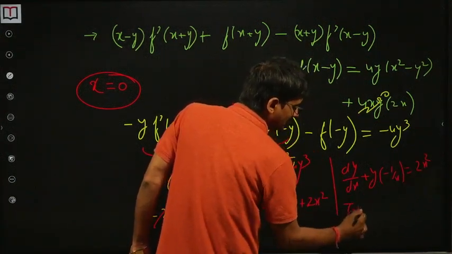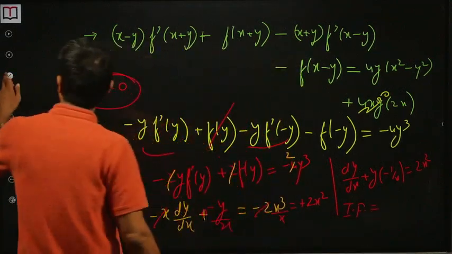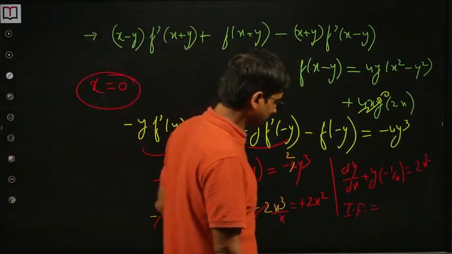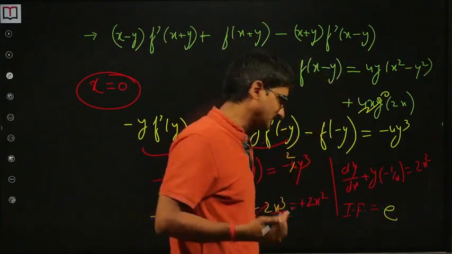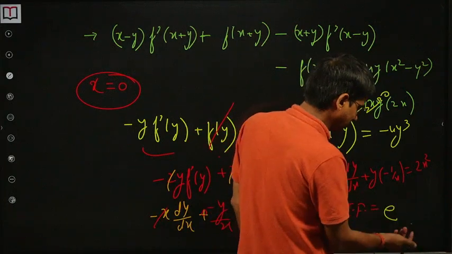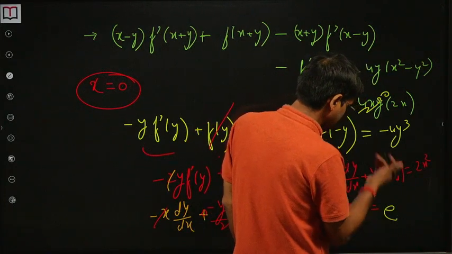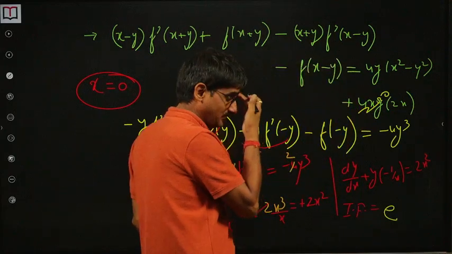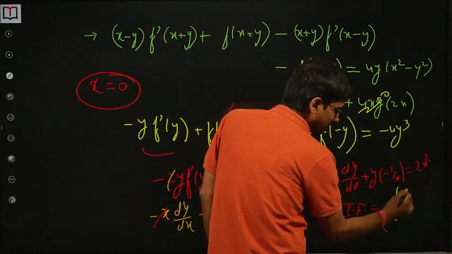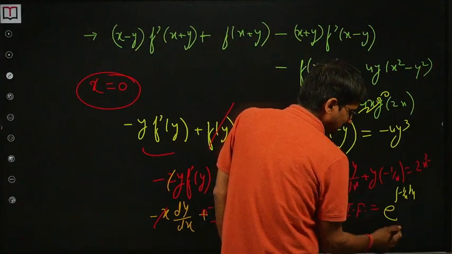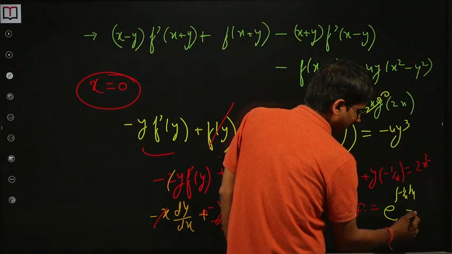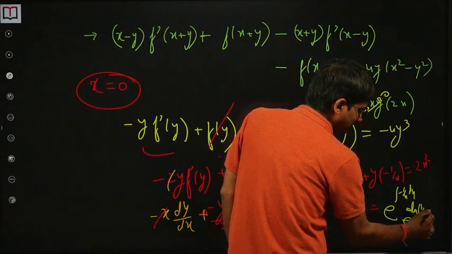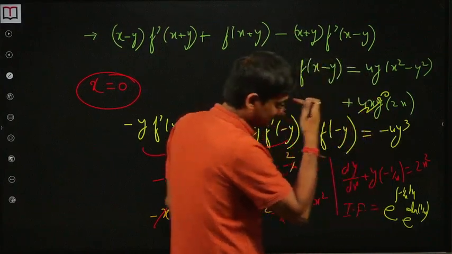So integrating factor, I get it, but are we going to get a cubic form? I don't think so. It will be e raised to the integral of minus 1 by x, which is e raised to minus ln x, that is ln of 1 by x. So we get 1 by x.